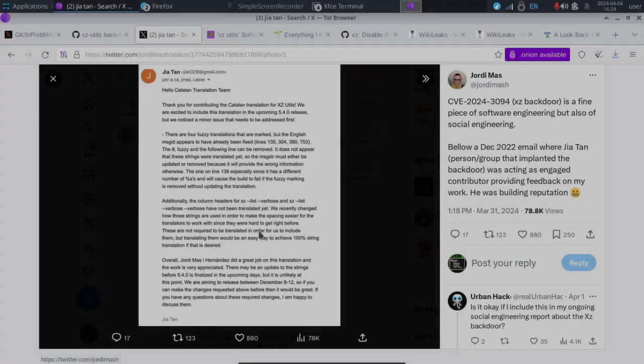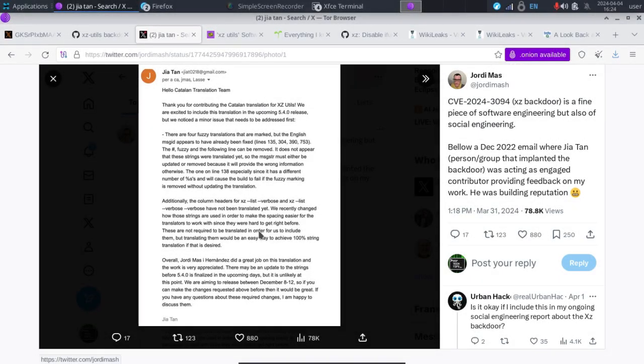What we're looking at now is a letter from Jia Tan to the translation team. As you can see, they're really friendly and very helpful and seem very excited about the contributions to the xz-utils project. So this was a long-running effort in order to get themselves that access to be able to edit and to make commits to the project.